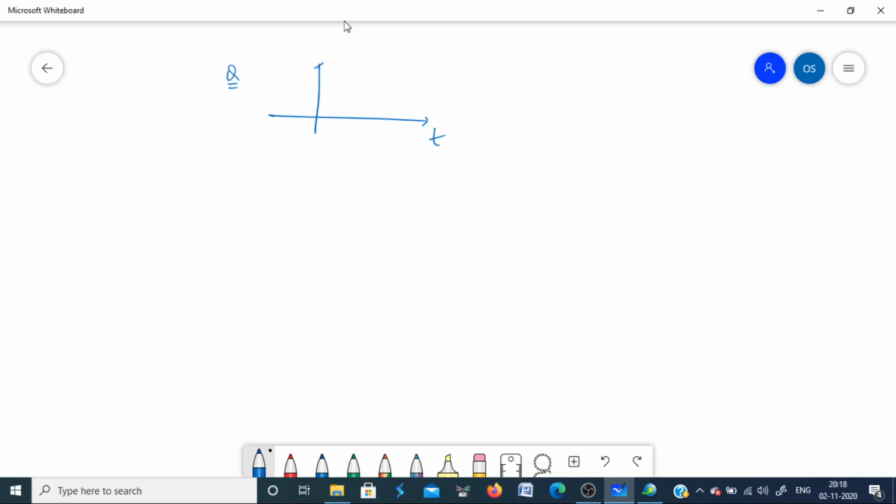One signal is x(t), which is supposed like this, from 0 to 1 it is 1, and the second is h(t), which I take like this, between 0 to 1 it is equal to t. You have to find the convolution of these two signals.